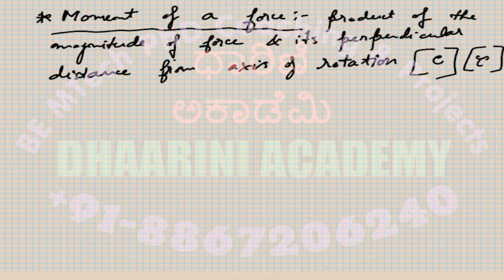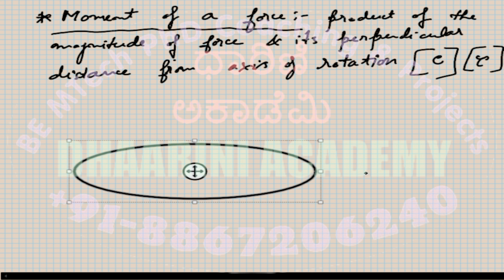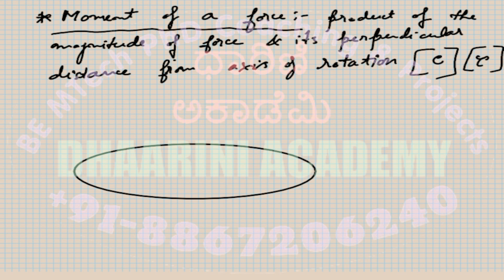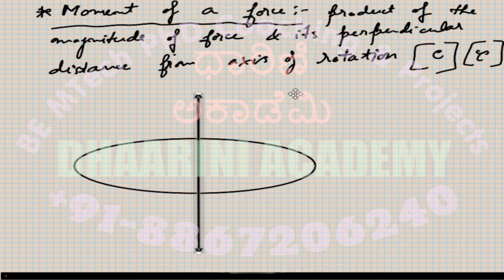Let's look at the sign convention, but before that, let's draw a reference diagram. Say this is a plane, and let me draw the axis of rotation through the center of the circle.